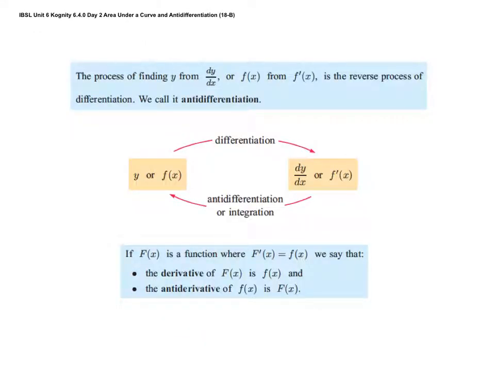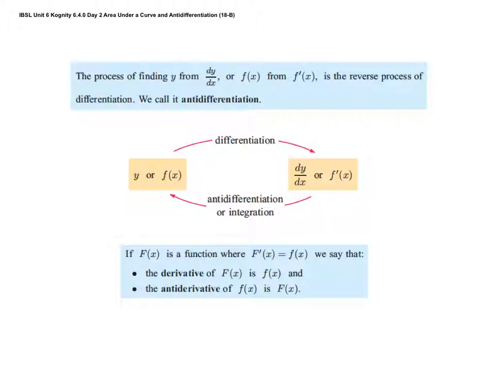Let's first of all talk about when we are taking the integral. When we are taking the integral, what we're doing is we're starting with the derivative and we're finding what the original function was. These are kind of inverse operations.